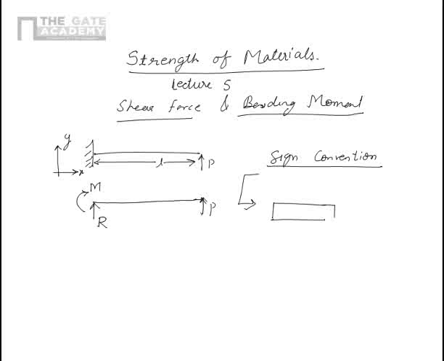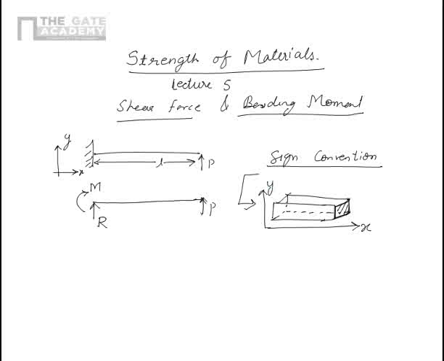A beam is a long member having an area of cross section. This is the area of cross section of the beam. And the beam has length along the x-axis and height along the y-axis.